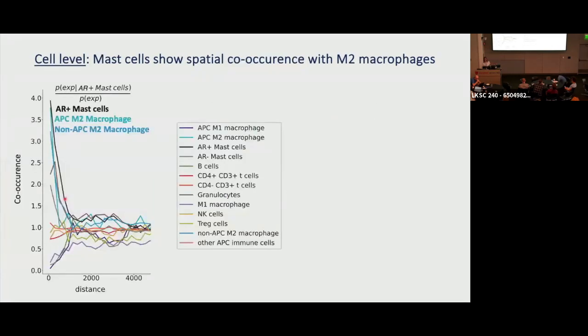We investigated cell interactions using co-occurrence probability as well, which measures how likely cell type A is to appear near cell type B compared to its overall likelihood at a given distance. So this is a function of distance. We found AR-positive mast cells have a spatial association with M2 macrophages. This validates our result from the previous slide. This is a G3 patient.